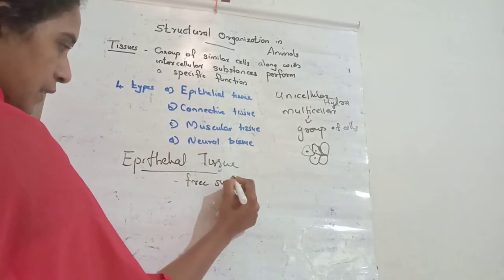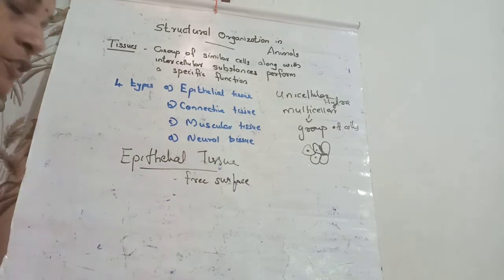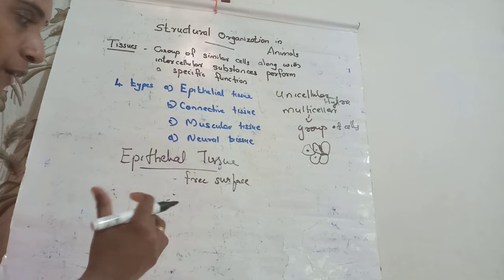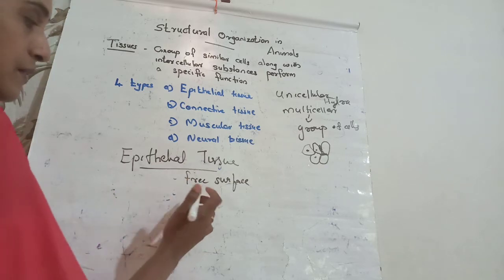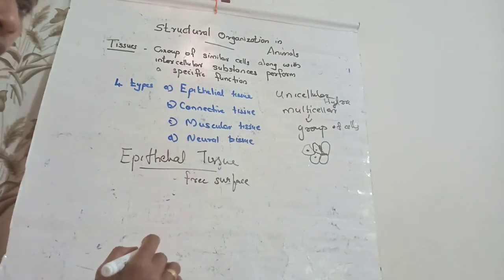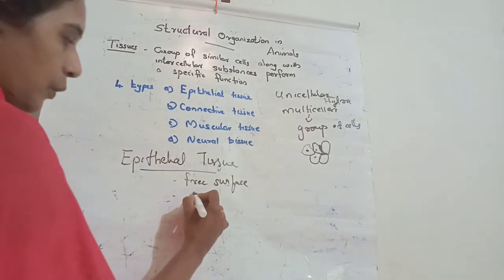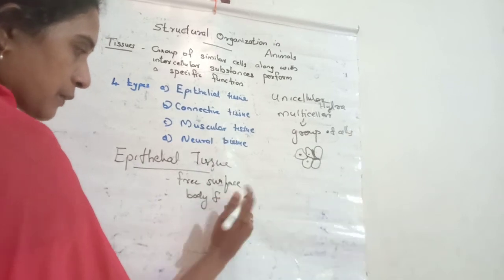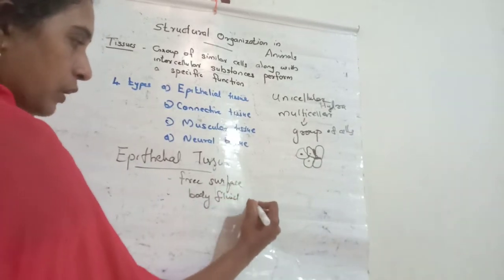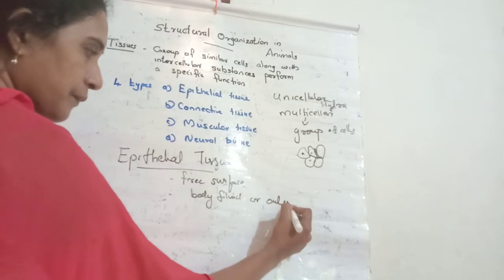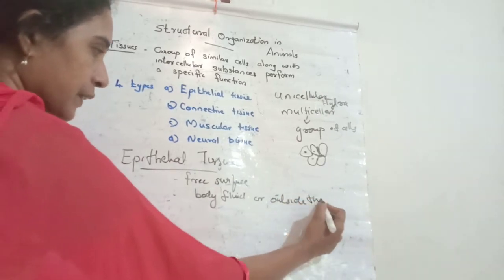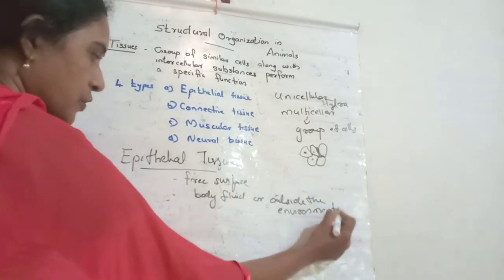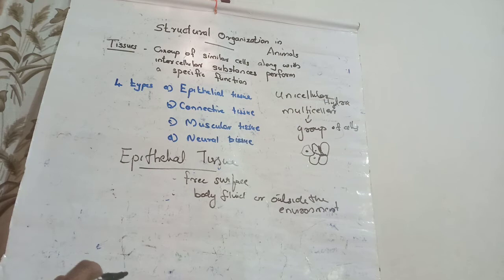The free surface faces the body fluid or the outside environment. So epithelial tissue has a free surface.